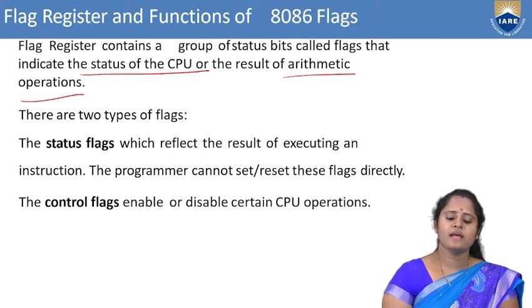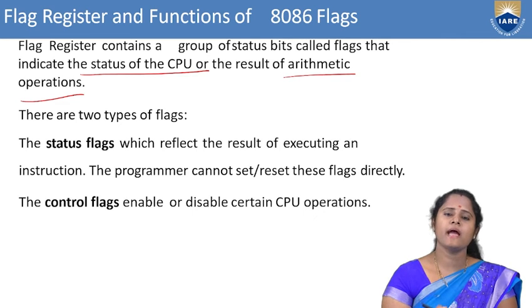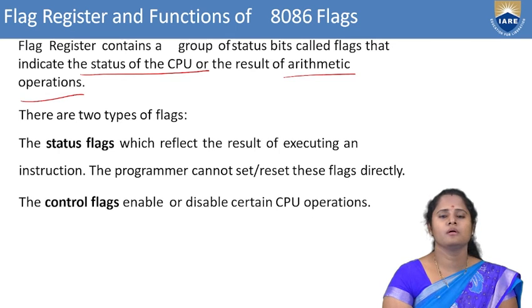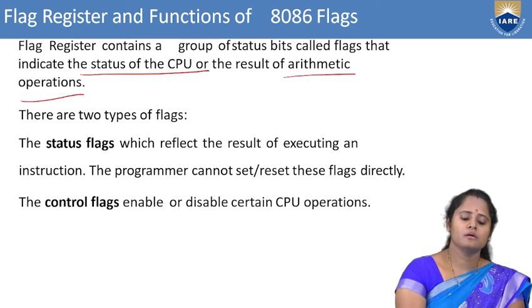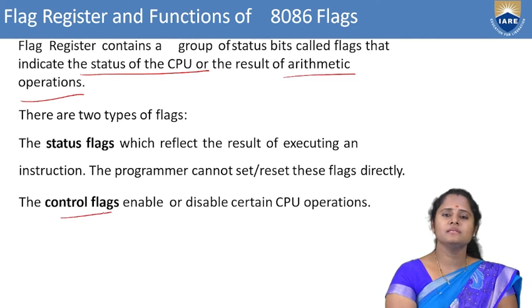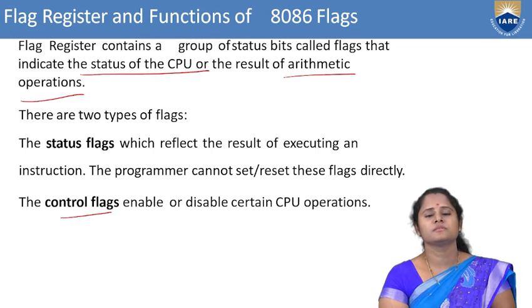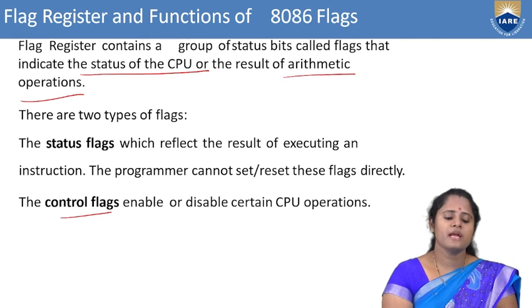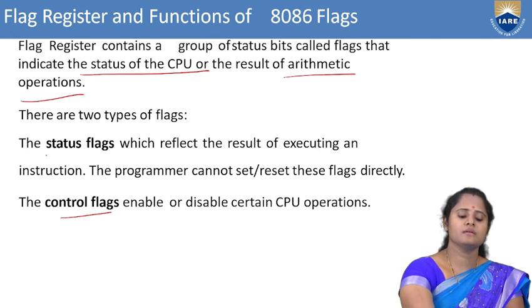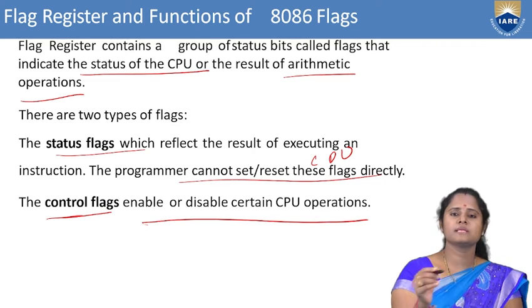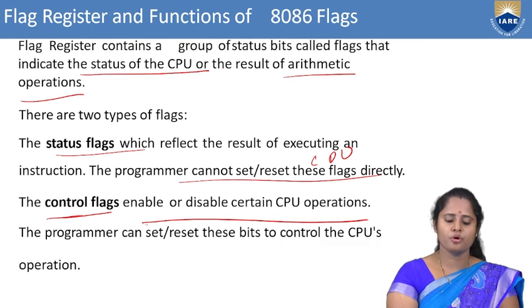Status flags are automatically set and reset according to the operations done in the CPU controlling unit. Control flags are those which can be enabled and disabled by the programmer according to processor use, and cannot be changed by CPU operations.